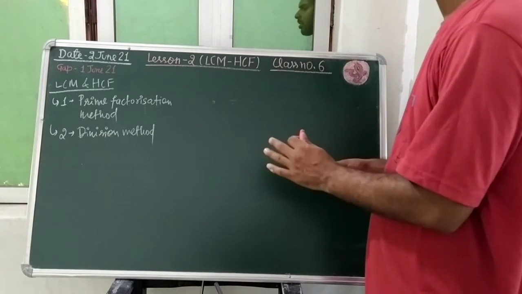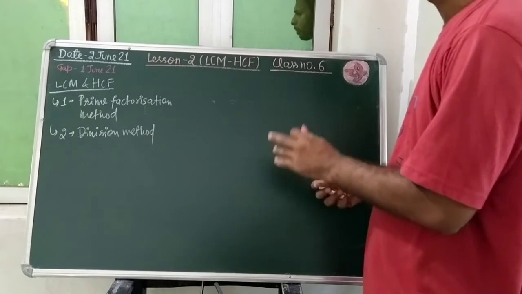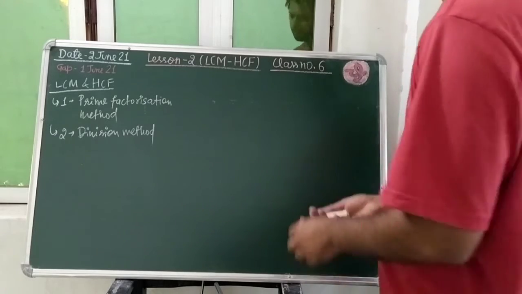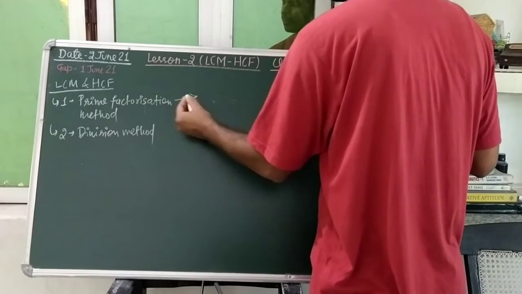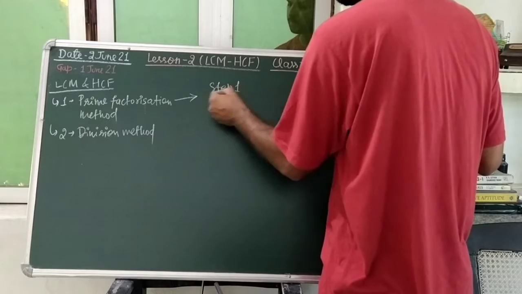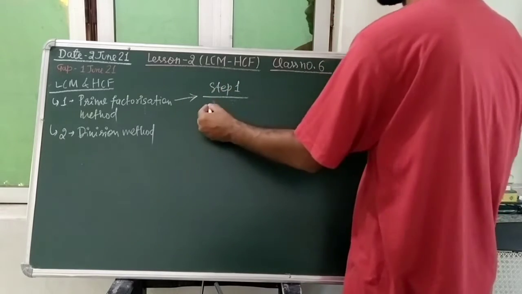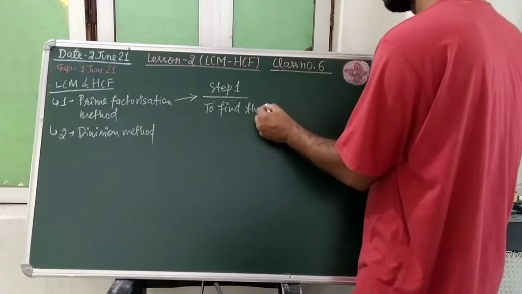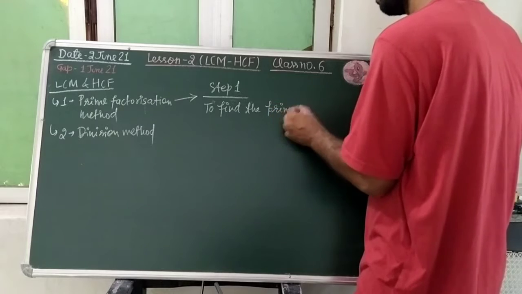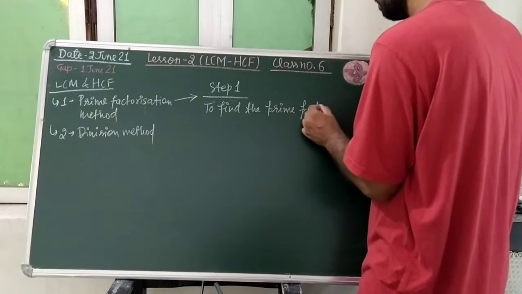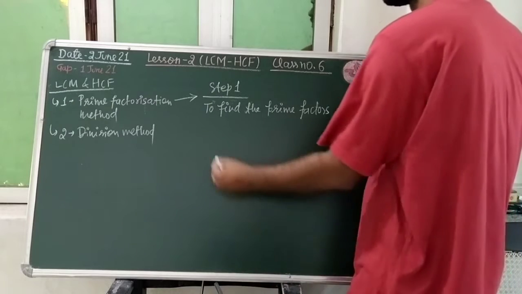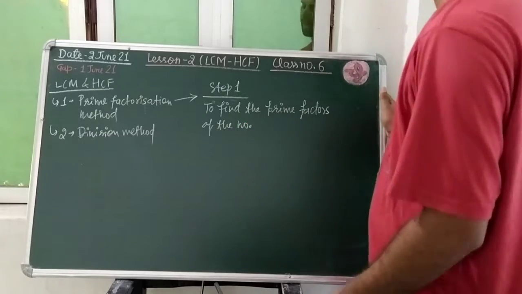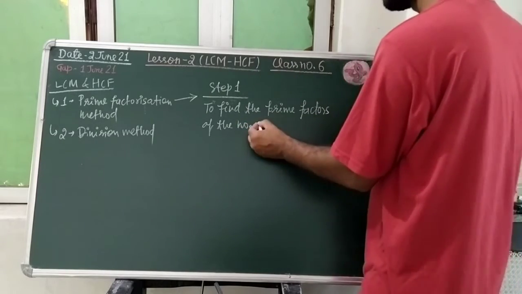In the prime factorization method, students, step 1 is to find the prime factors of the numbers. You will find the prime factors of the numbers given in the problem.